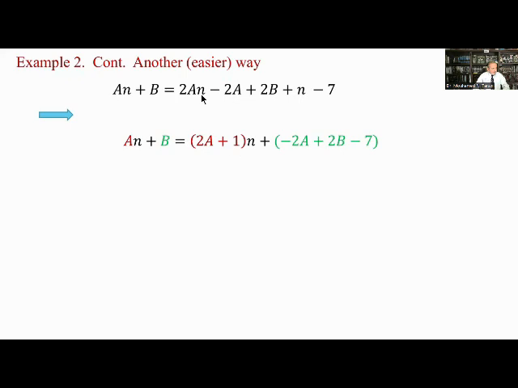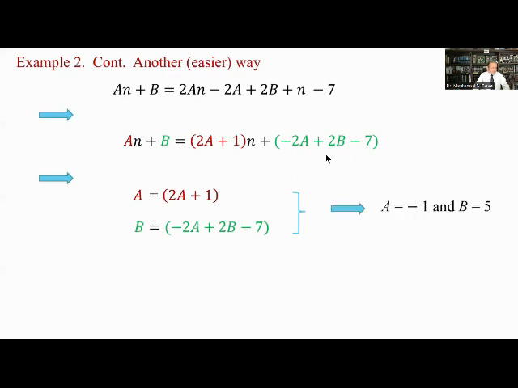The n here has coefficient 2a + 1, see? And then the constant. And now I match this with this and this with this. That's easier than the previous way we did it. So you match this. Now you can solve this. You get a = -1 and b = 5. So T_n = -n + 5 is a particular solution of the non-homogeneous recurrence relation.